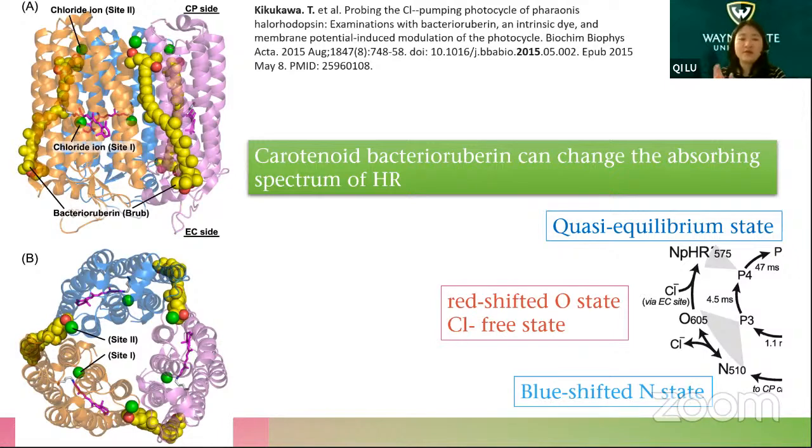Here they use a very clever method: for the preparation of this channel, they add the carotenoid bacterioruberin. This is a lipid-like molecule that also has some light absorbance property, mixed together into this preparation.